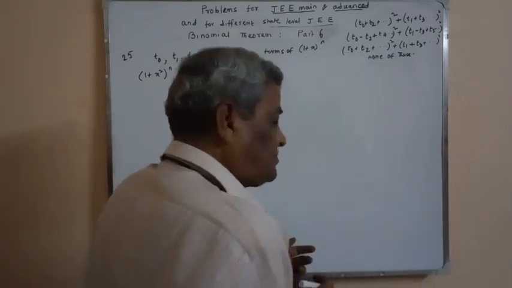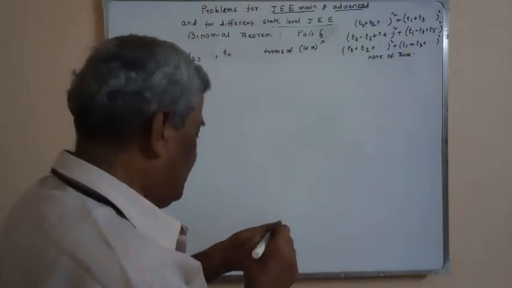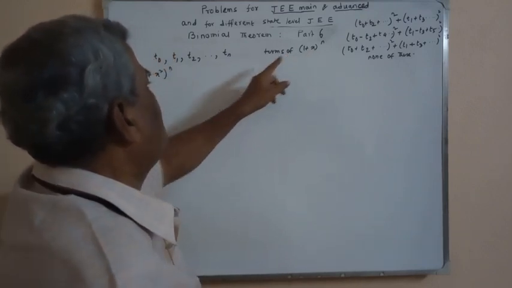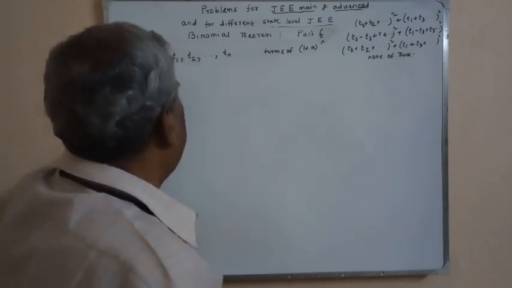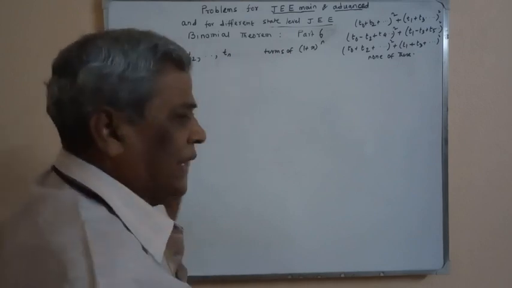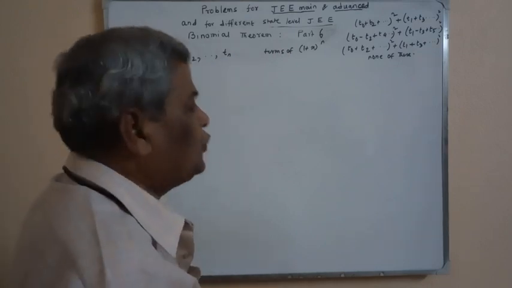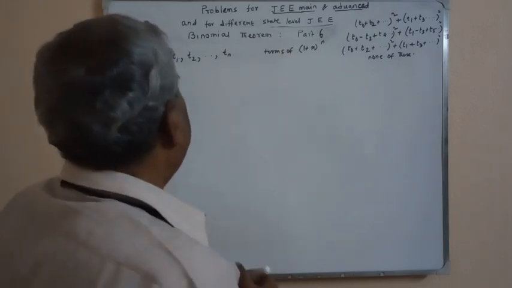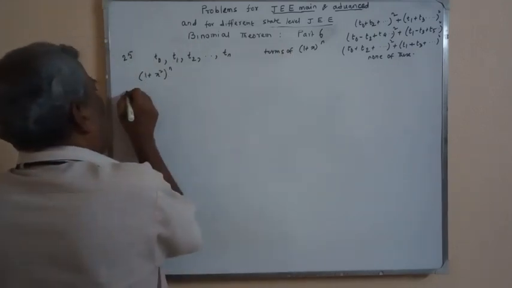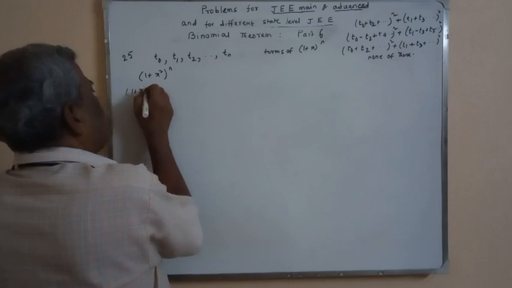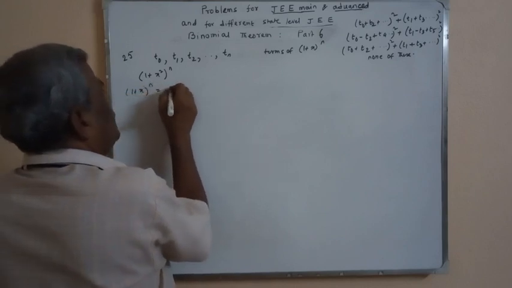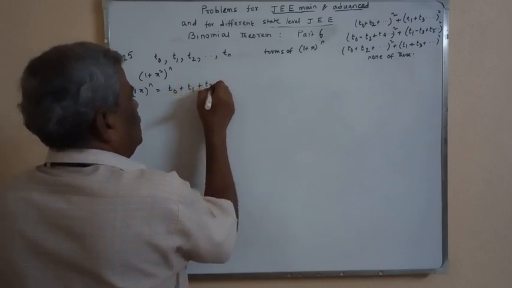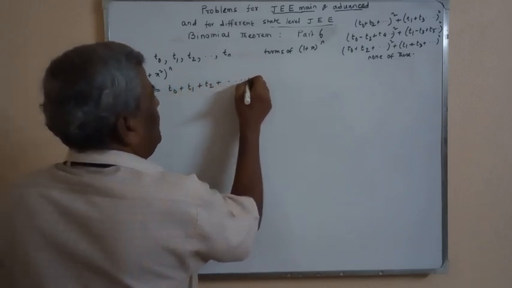Here, in this binomial, T0, T1, T2 up to Tn are n plus 1 terms of this one. That is, we have (1 plus x) to the power n is equal to T0 plus T1 plus T2 plus up to Tn.